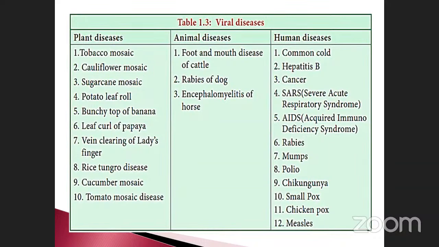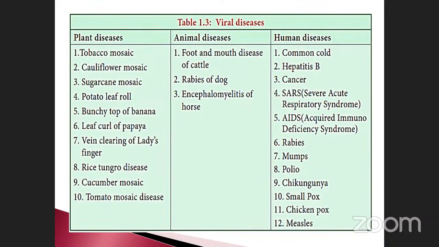You will see the structure is just like a bunch of bananas. But cauliflower mosaic virus is a plant virus. All the plant viruses are RNA viruses except cauliflower mosaic virus, because it contains a double-stranded DNA molecule. That is the exception here.